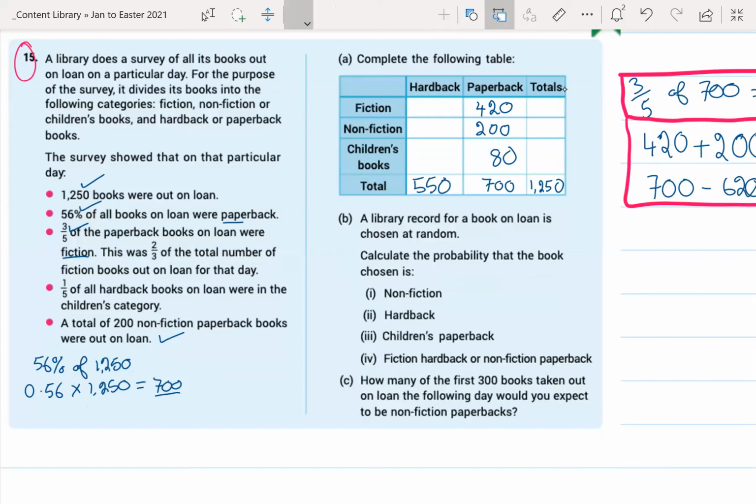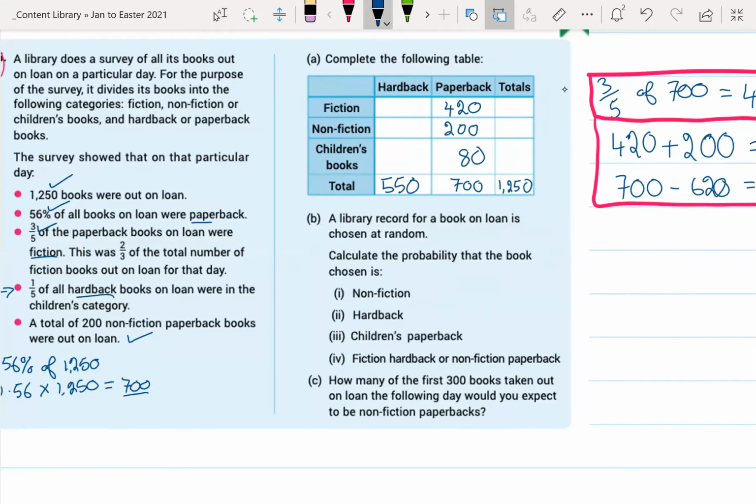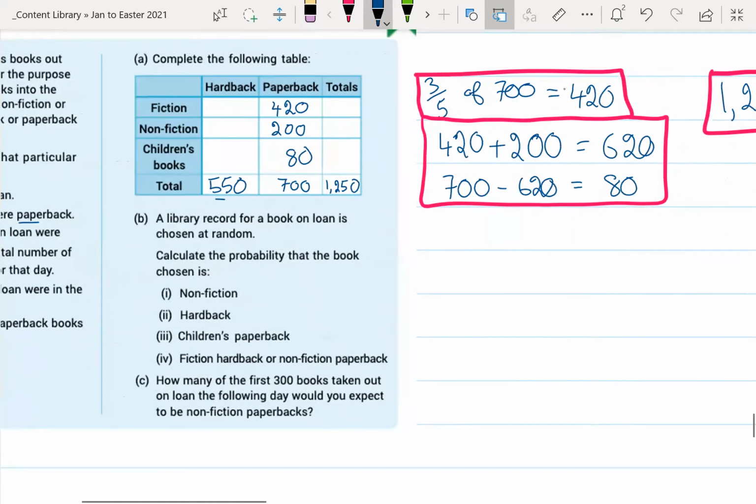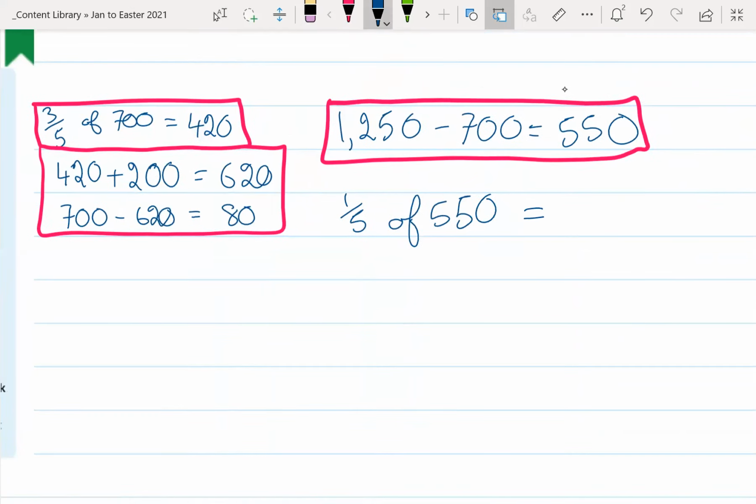Now, looking back here, what we haven't used is that 1/5. 1/5 of all hardback books on loan were in the children's category. So how many hardbacks were there? 550. So we need to get 1/5 of that. So 1/5 of 550, you just multiply, or 550 divided by 5, which gives us 110.